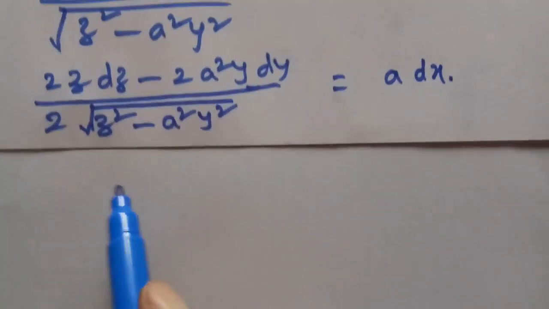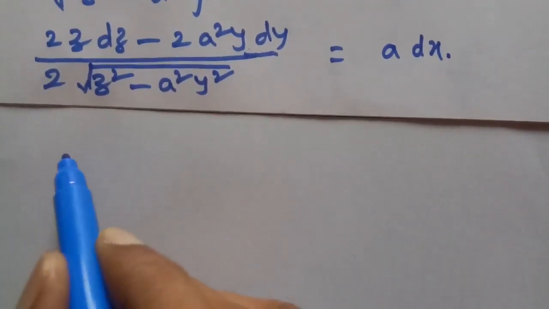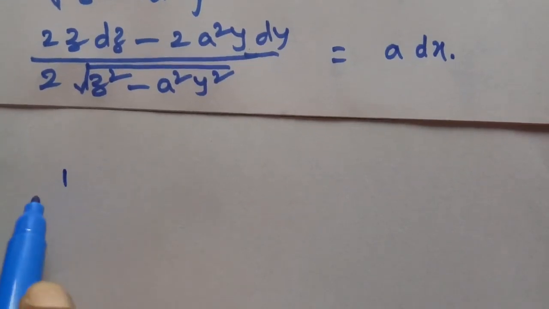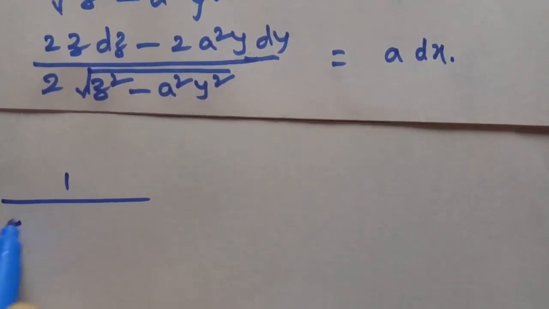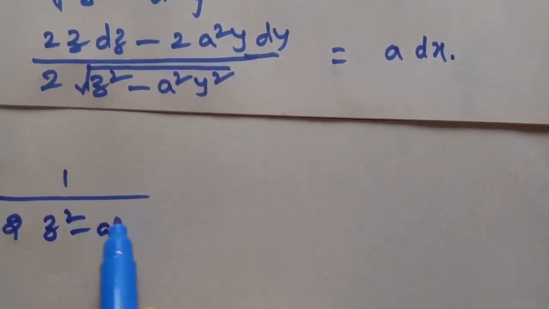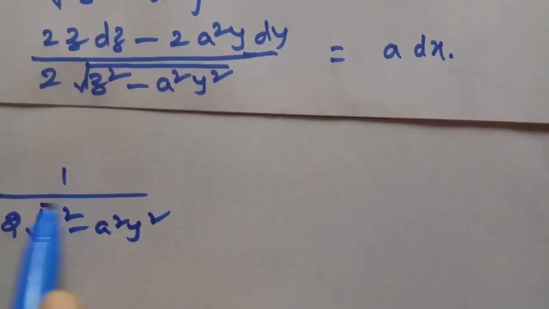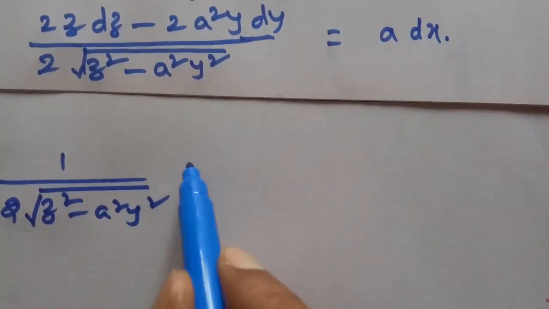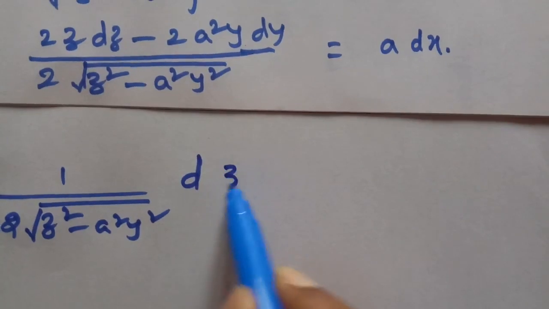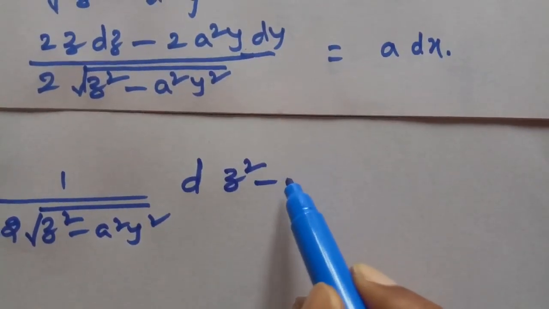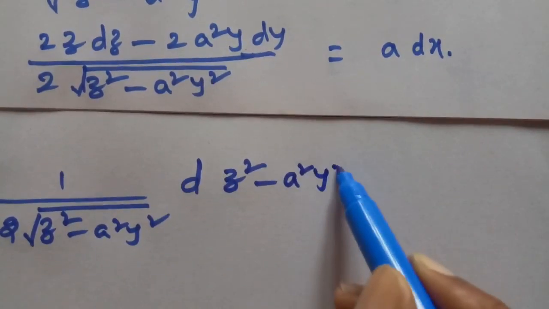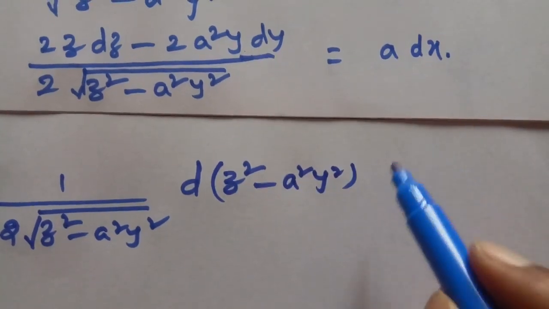Therefore, again this can be written as 1 by 2 into z square minus a square y square, where the numerator is the derivative of z square minus a square y square.